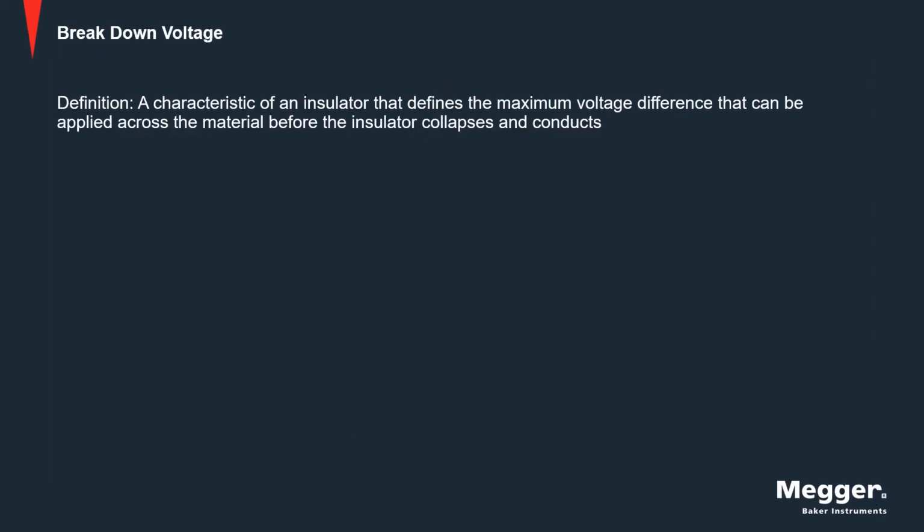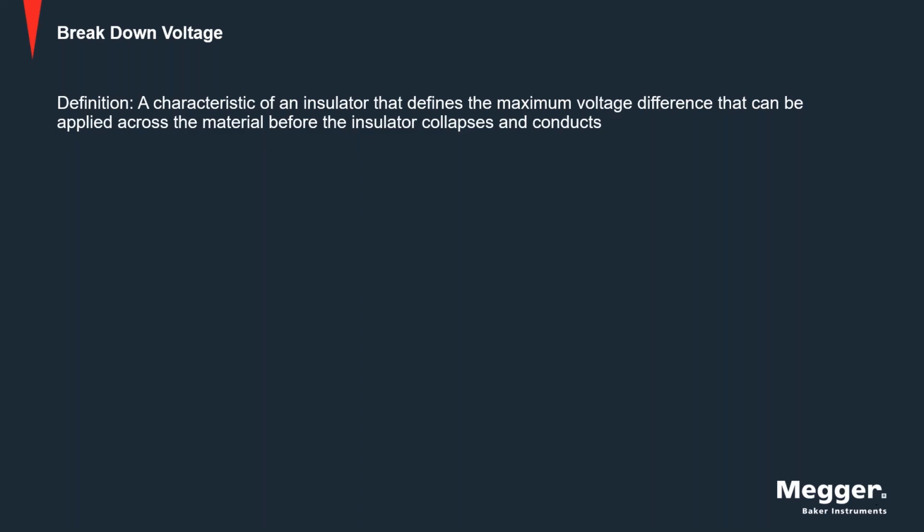And then we have this relationship between them. It's actually a characteristic of the insulator that defines the maximum voltage difference that can be applied across that material before the insulator collapses and conducts. So we're interested in where that breakdown voltage is, or at least, is it in our view? Is it at the voltage that we're testing at?